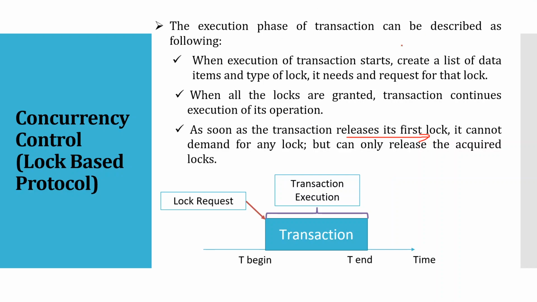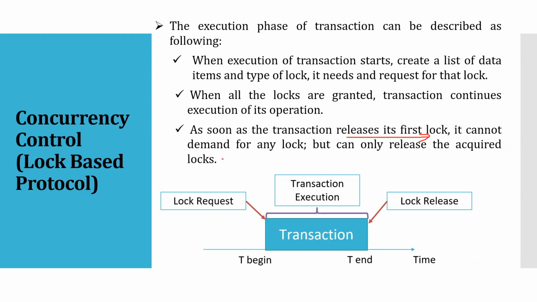So as soon as the transaction releases its first lock, it cannot demand any other lock, but can only release the acquired locks, for other transactions to use. So this is what the phase is. You will request all your locks.